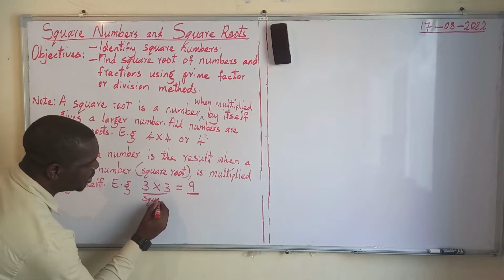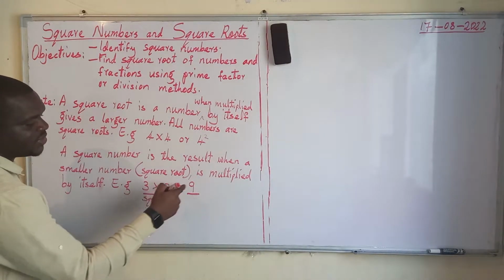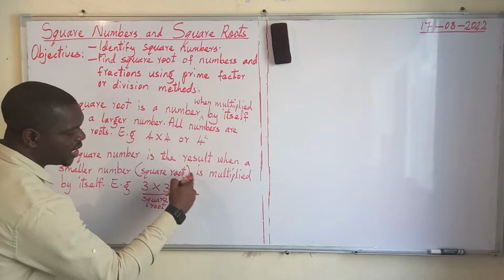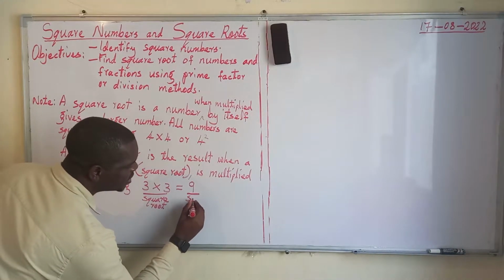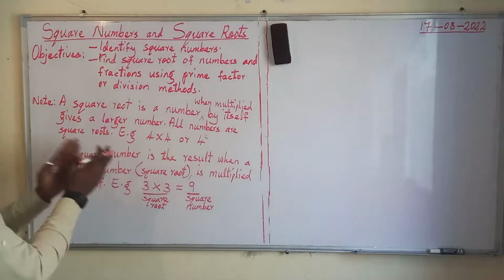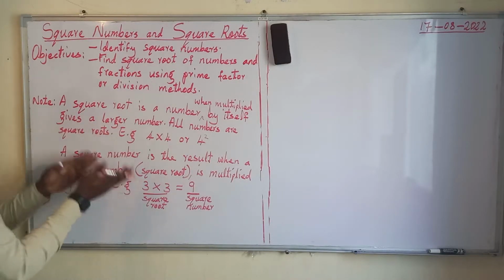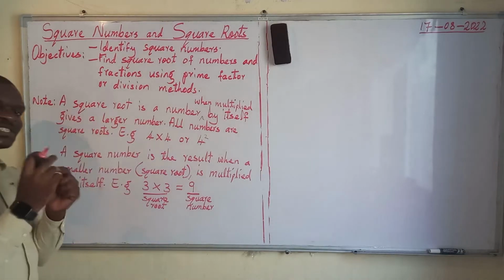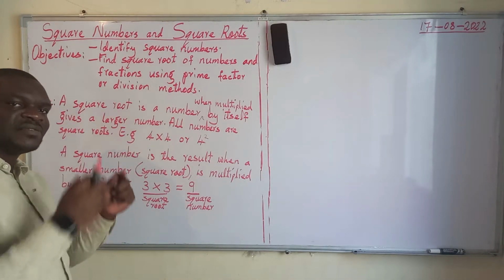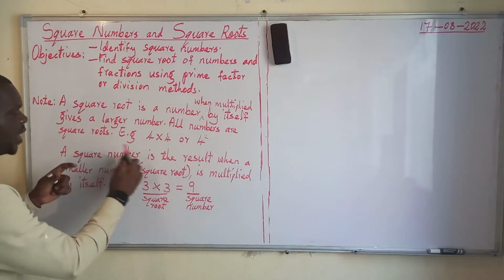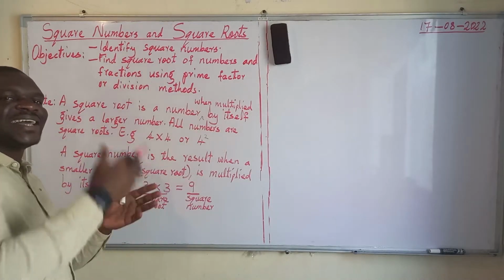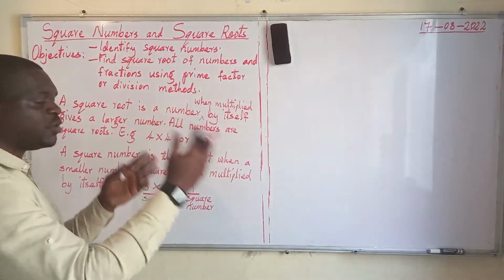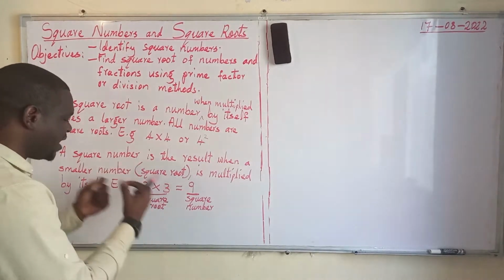That's a smaller number multiplied by itself here. And the product or the answer that we have here is the square number. So these are the two concepts we are talking about, which are very important. A square root, a smaller number, when multiplied by itself gives a larger one. And the square number is the result, that answer that you get when you multiply the smaller number by itself.